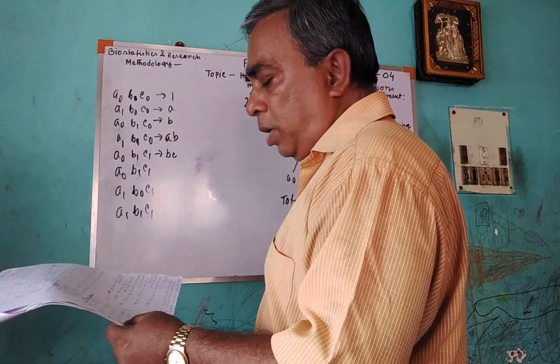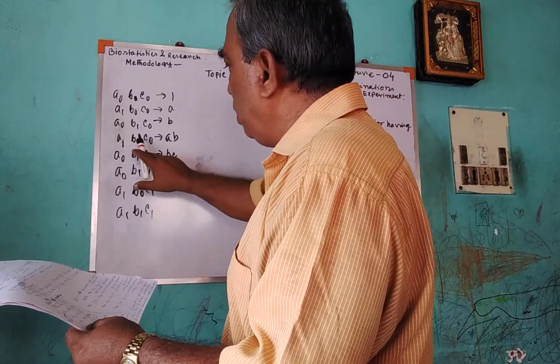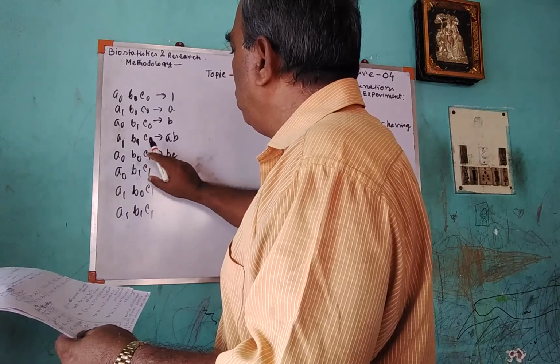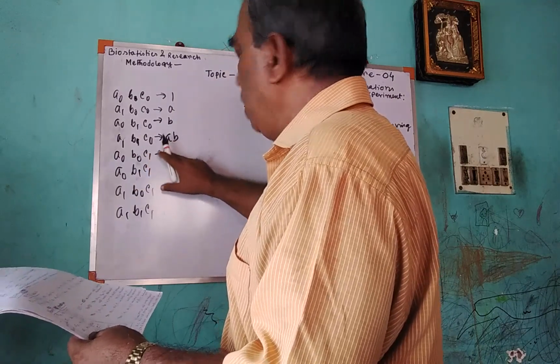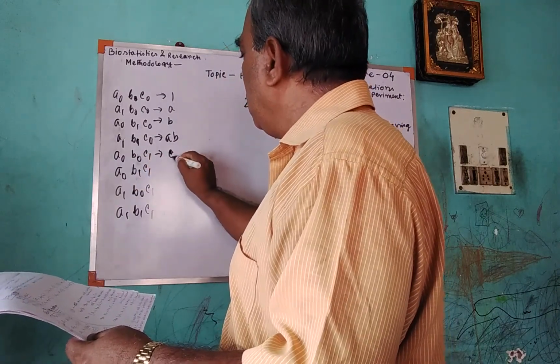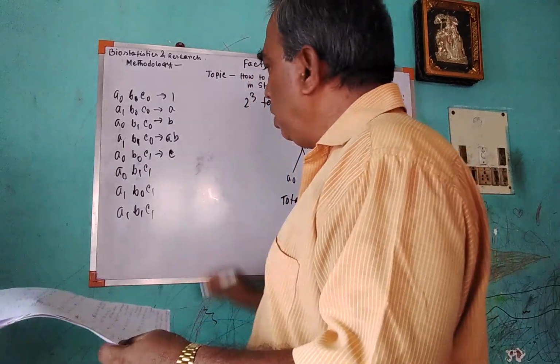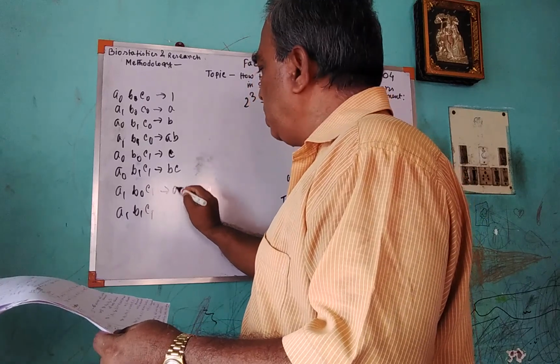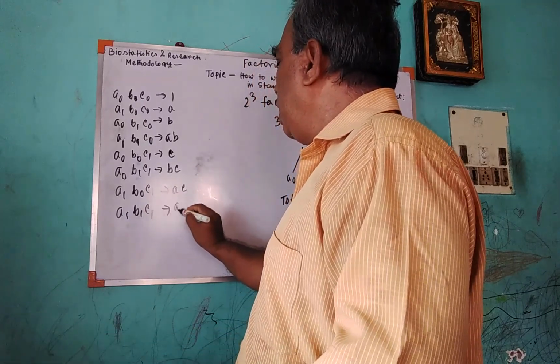And this will be A0, B0, C1, actually C. And this will be BC, this will be AC, and this will be ABC.